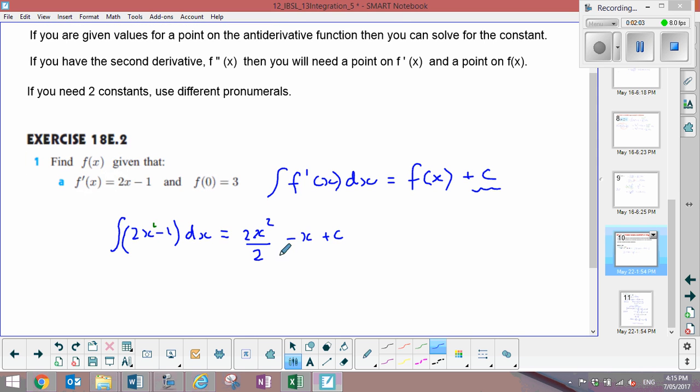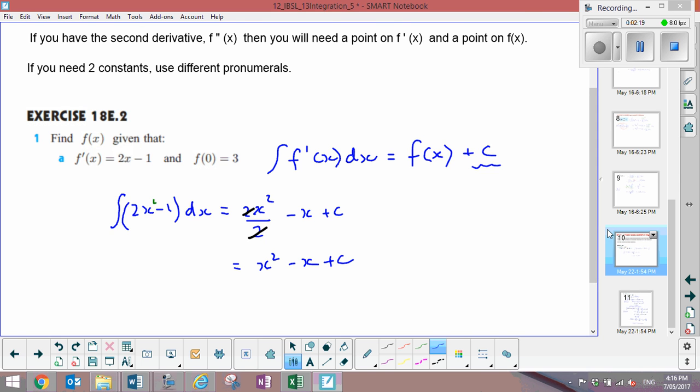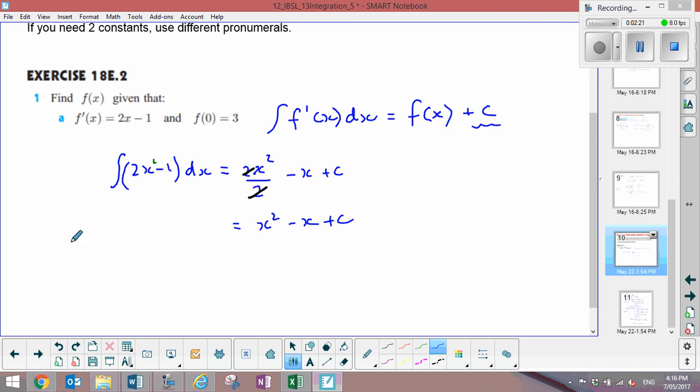Now let's cancel that. So we can cancel those, and we're left with x squared minus x plus c. We're given in here that f of 0 equals 3.